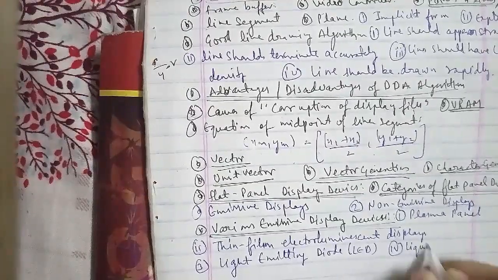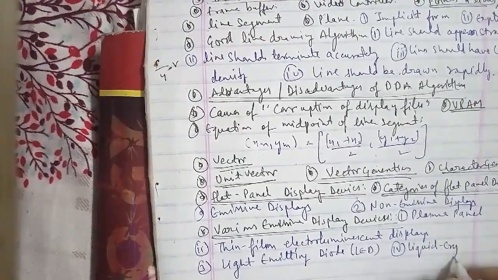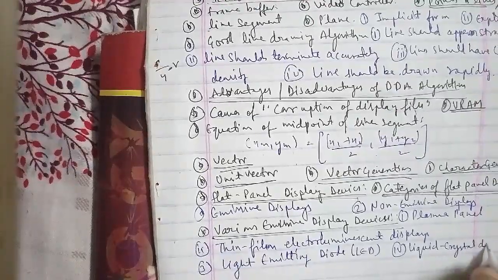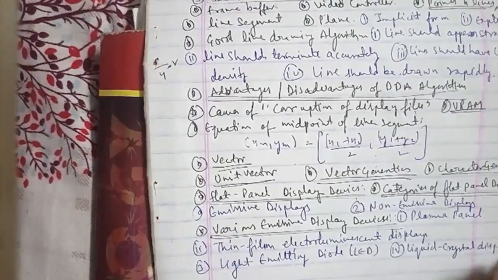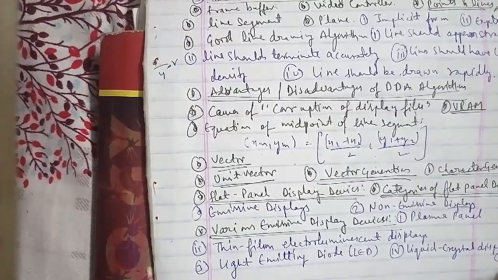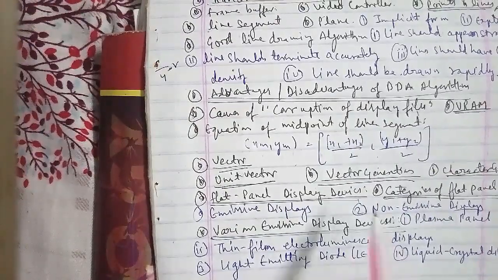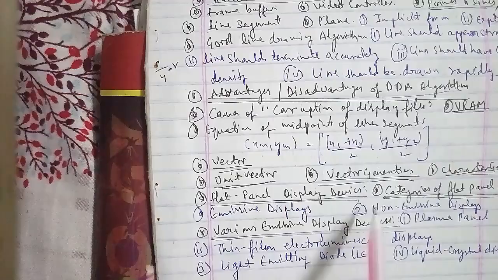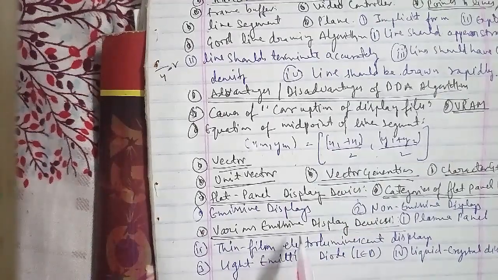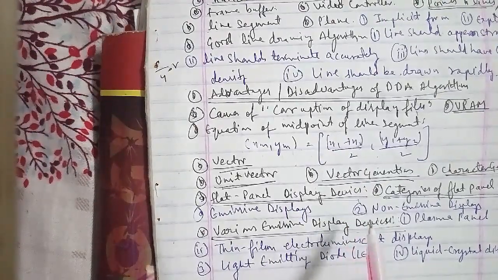So these were the various emissive display devices we have. The first we have the plasma panel. The second we have thin film electroluminescent display. The third we have is the light emitting diode, which is LED, and the fourth is liquid crystal display.